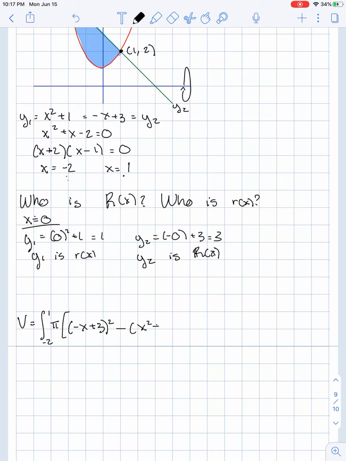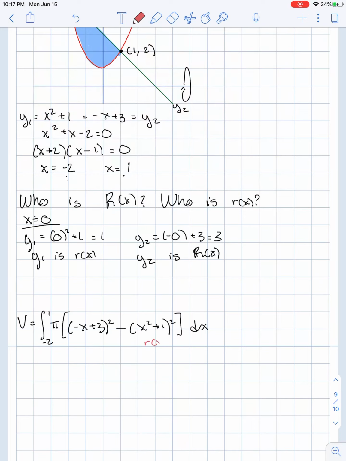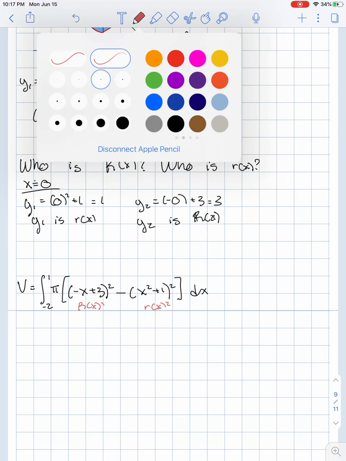So minus x squared plus 1 squared, dx. So let's make that a little clearer. So this is little r of x squared, big R of x squared. Okay, cool.